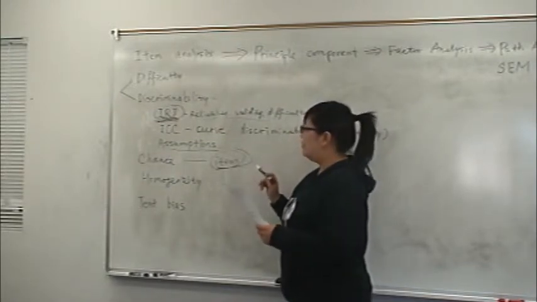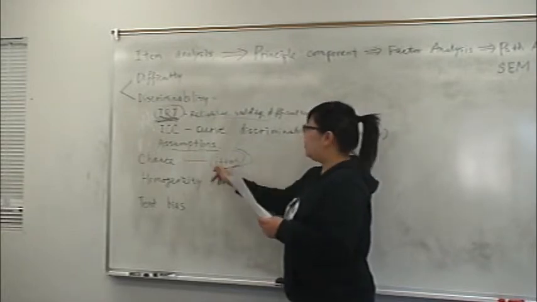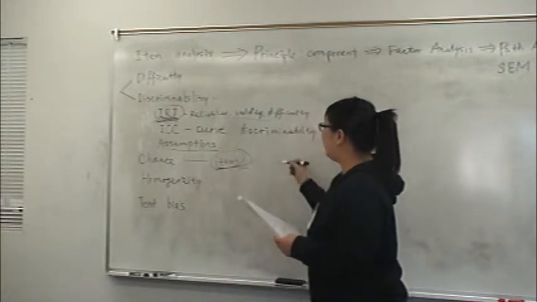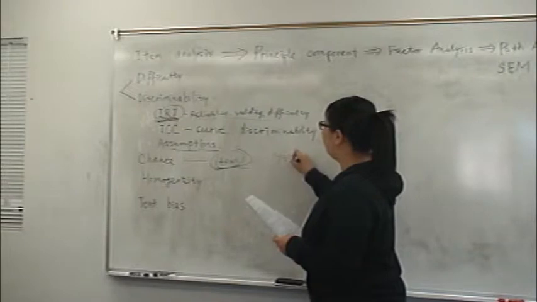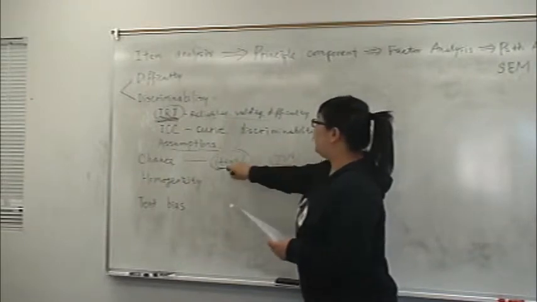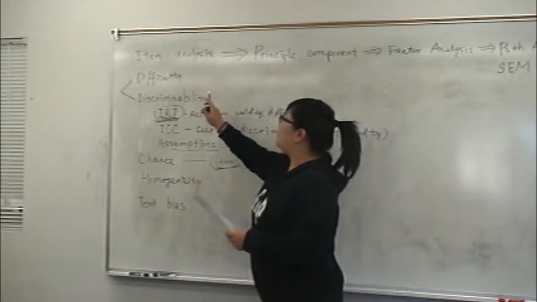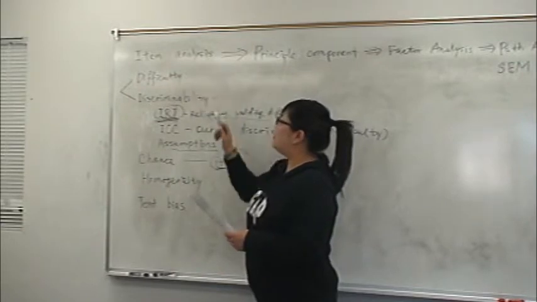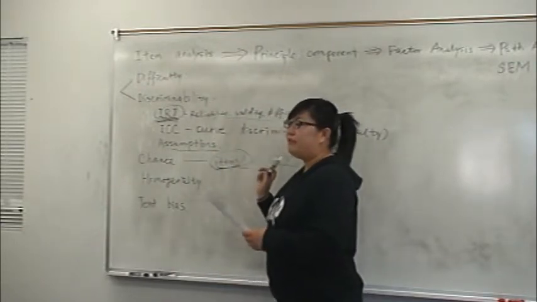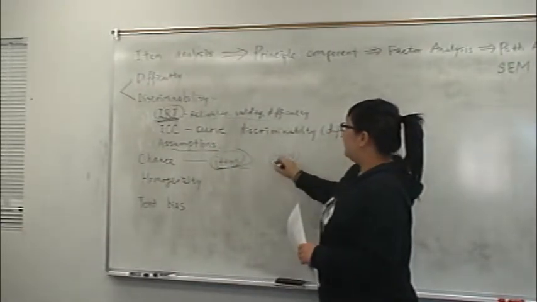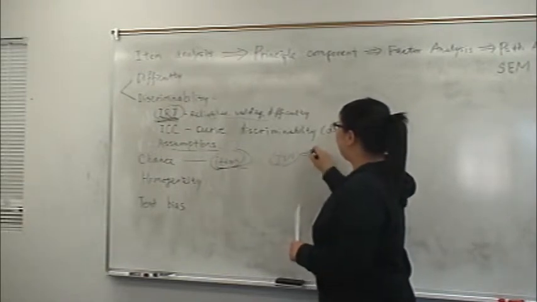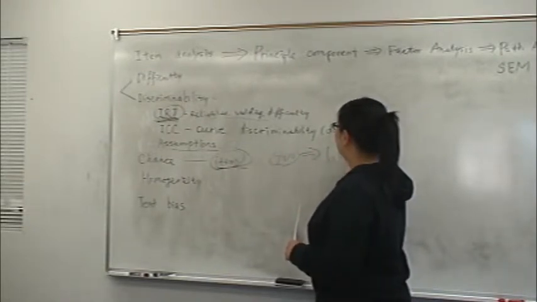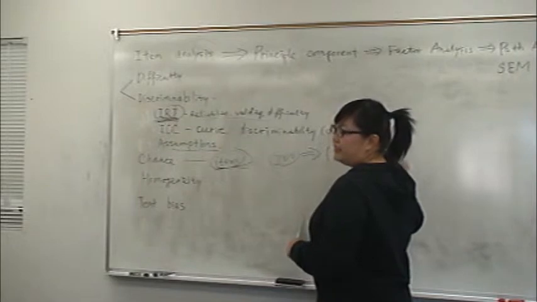So that's the chance issue. For example, if today I test 400 people, and these 400 people determine the difficulty level and discriminability level of my items, the chance here means that this 400 could be extended to 1,000 or an even larger population.